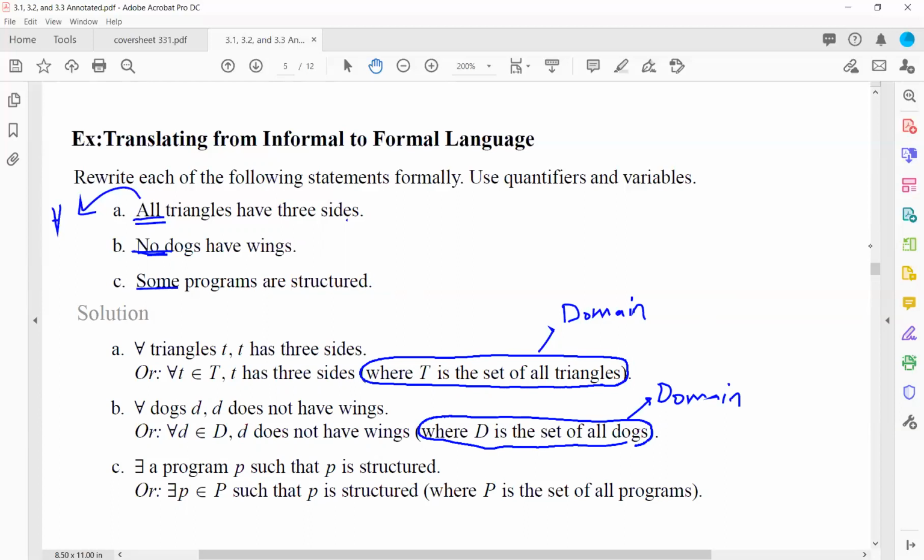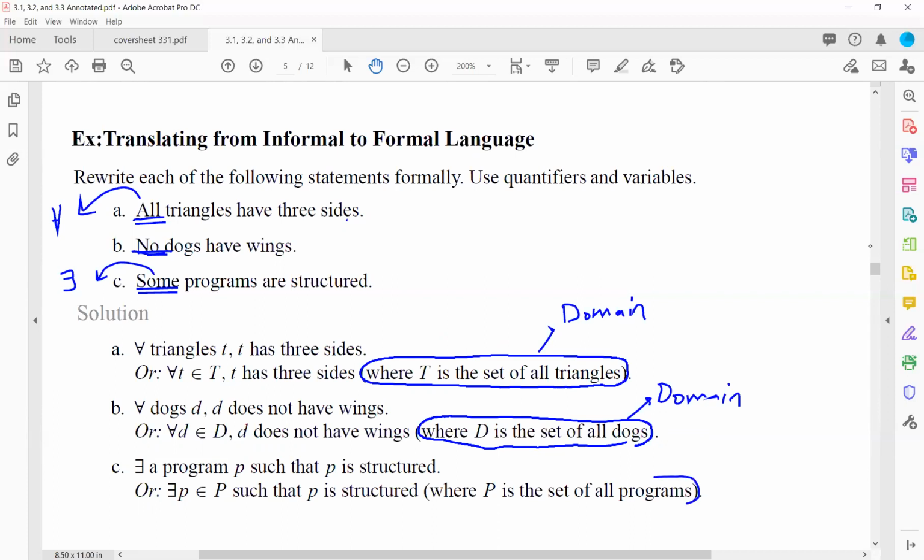Finally, some, remember that some means there exists. Some programs are structured. How do we write it in mathematical form? There is a program P such that P is structured.